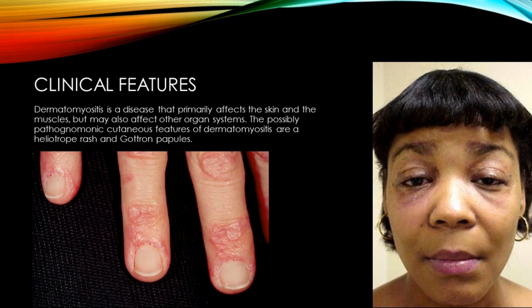The possibly pathognomonic cutaneous features of dermatomyositis are a heliotrope rash and Gottron papules. In this slide, you see the Gottron papules on the fingers and the heliotrope rash, which is the periorbital rash, a violet or red rash in periorbital areas.